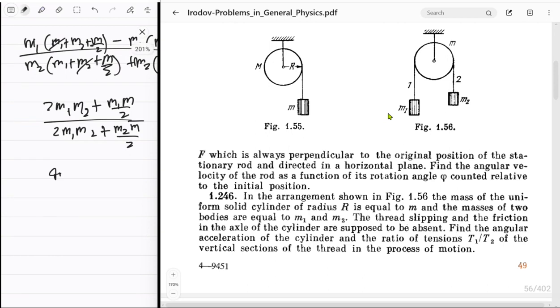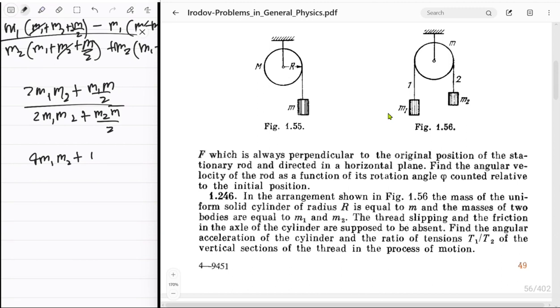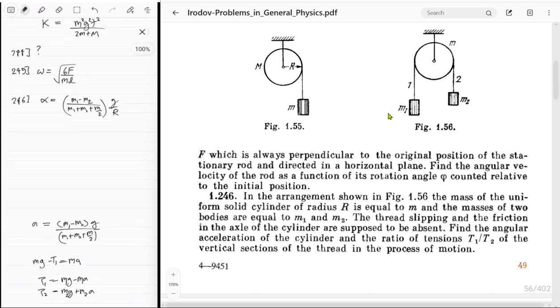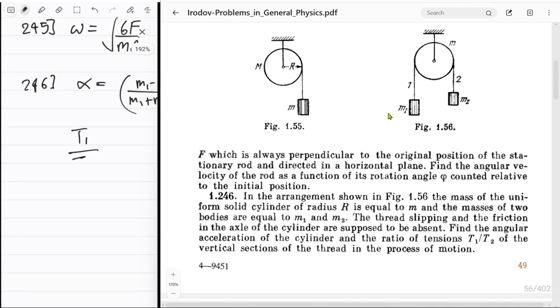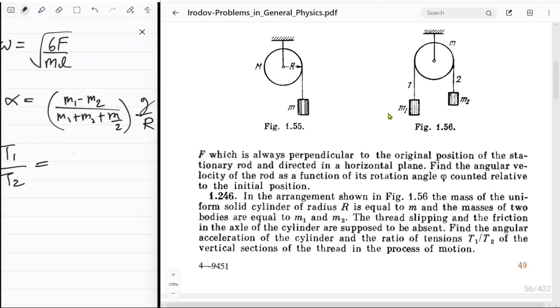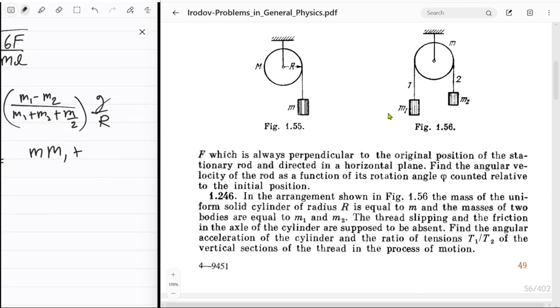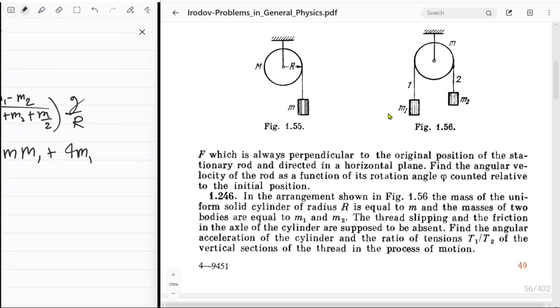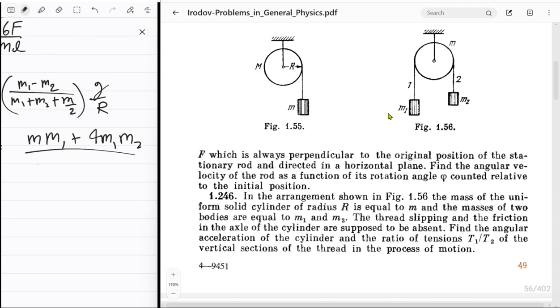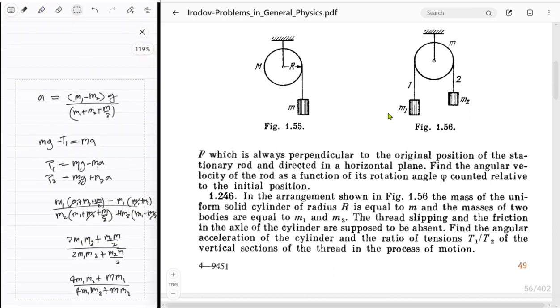So 4 m1 m2 plus m m1, upon 4 m1 m2 plus m m2. That's the thing. So T1 upon T2 is just (m m1 plus 4 m1 m2) upon (m m2 plus 4 m1 m2). Symmetric, as you would expect. Next question.